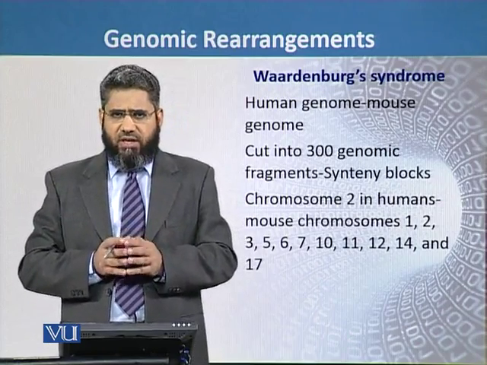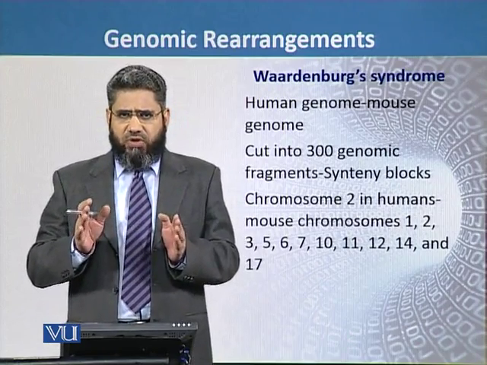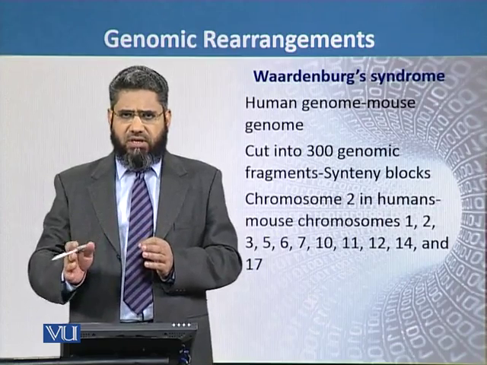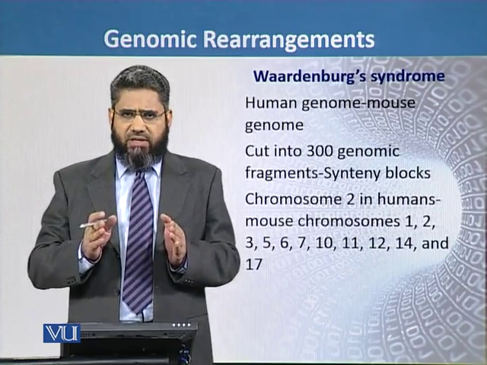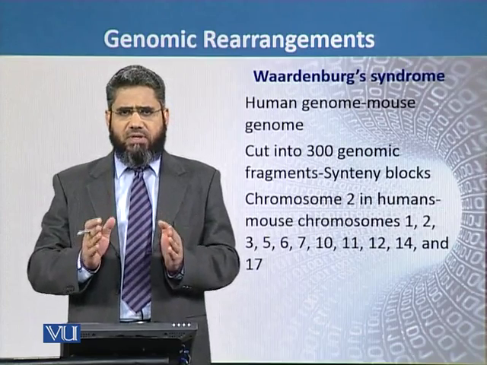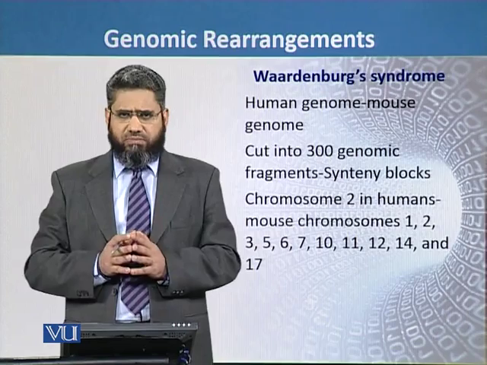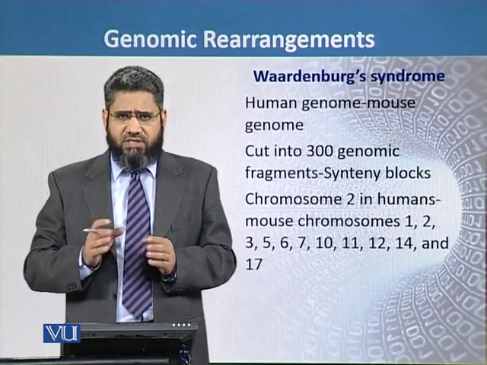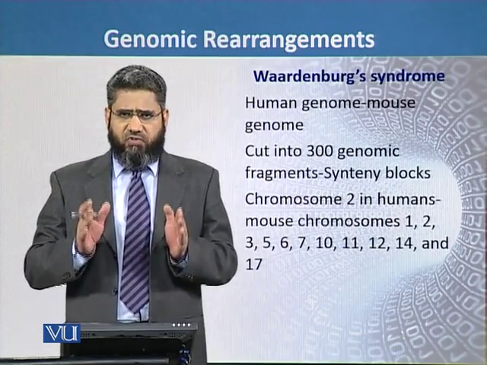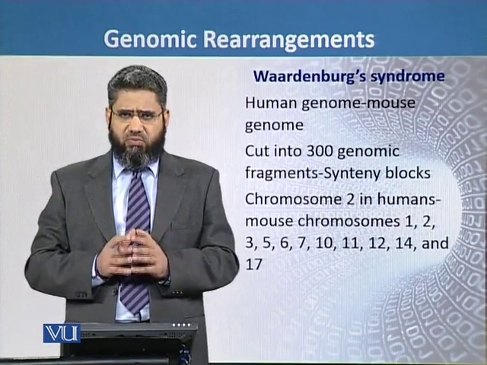So we can say that the order of genes in human and mice can be traced back to the common ancestor mammalian genome. It means that the mammalian genome has the same order that is present within the human and the mice.